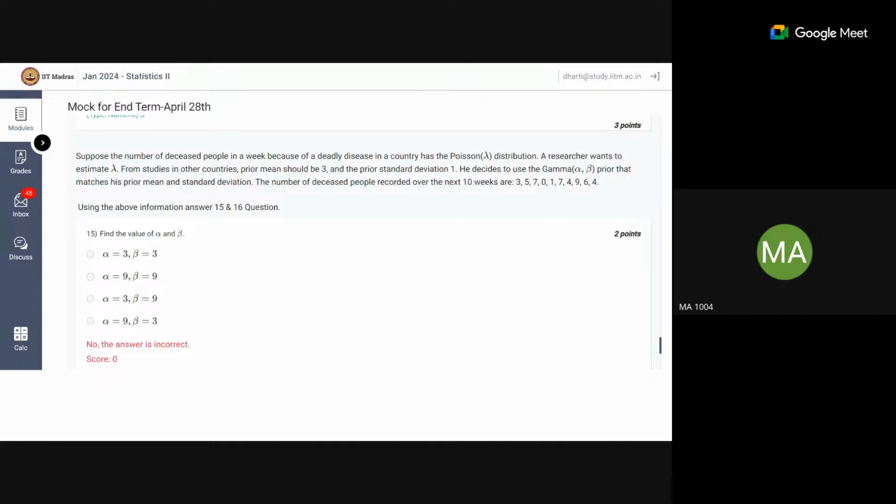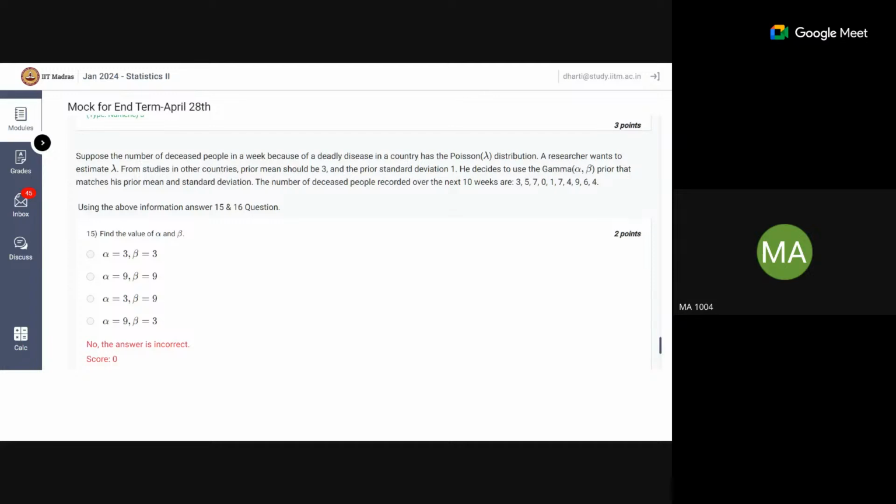He decides to use a gamma prior that matches his prior mean and standard deviation. So with the given information, we can get the values of alpha and beta, right? The number of deceased people recorded over the next 10 weeks are given there. First question is to find the values of alpha and beta.